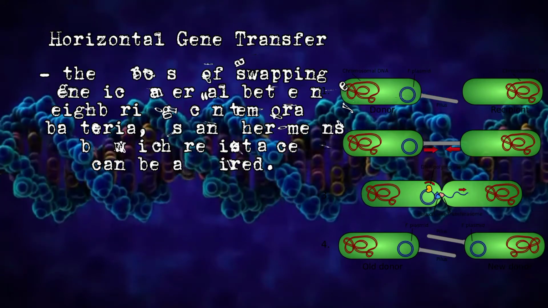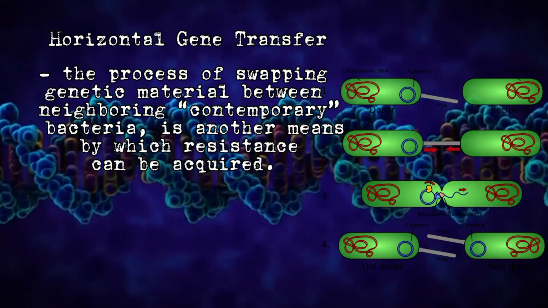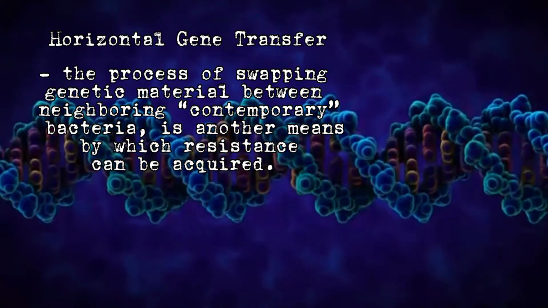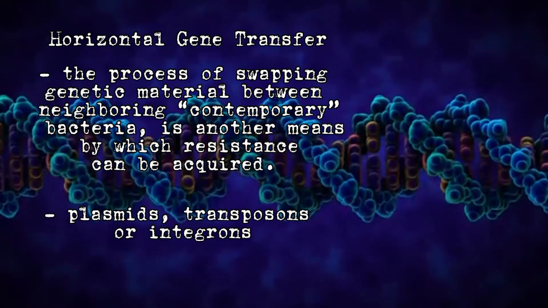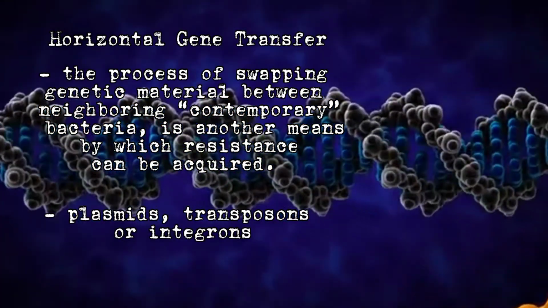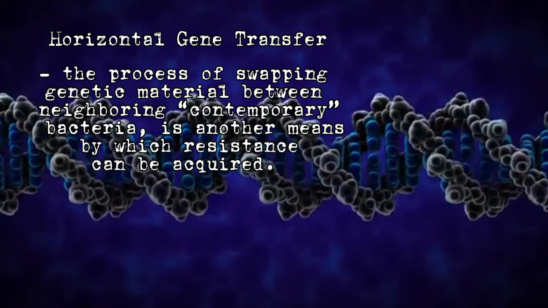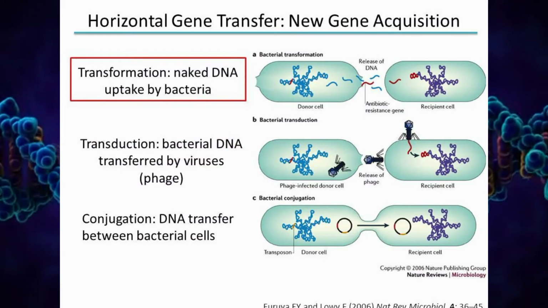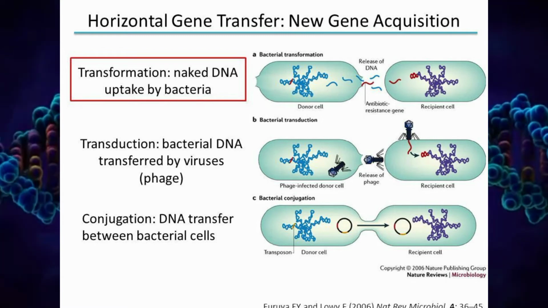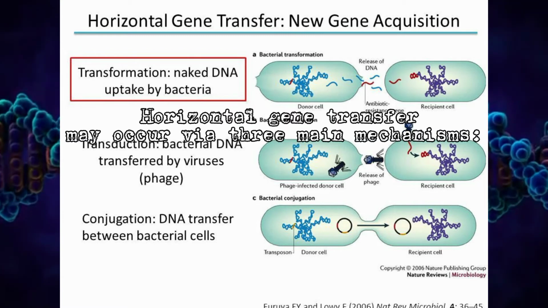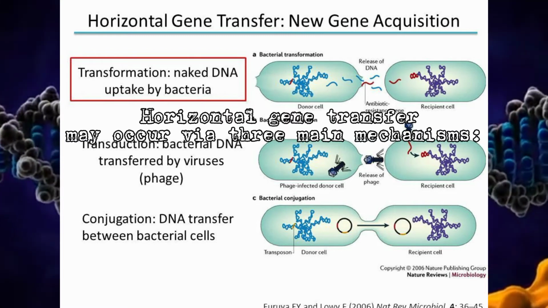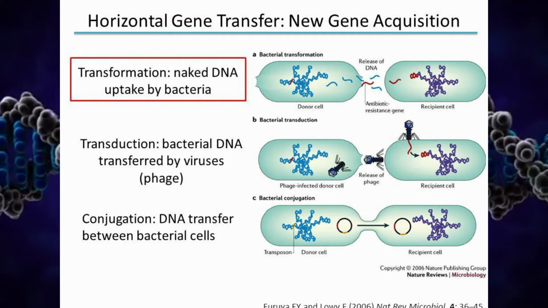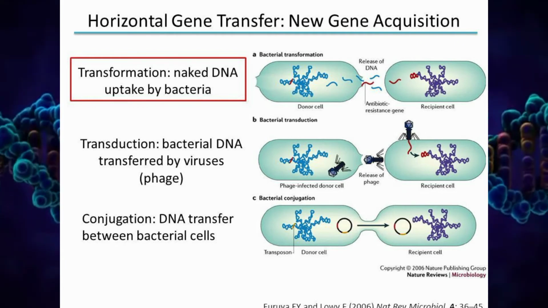Many of the antibiotic resistance genes are carried on plasmids, transposons, or integrons that act as vectors that transfer them to another genus or species. Horizontal gene transfer may occur via three main mechanisms: transformation, transduction, or conjugation.